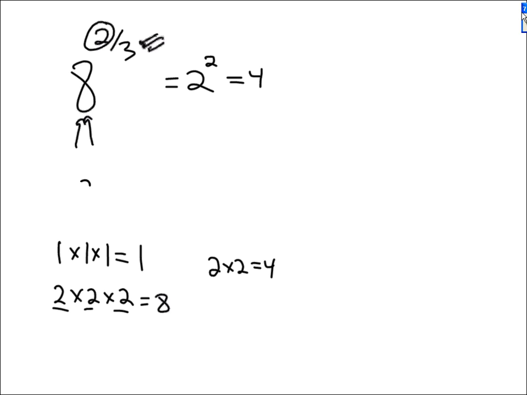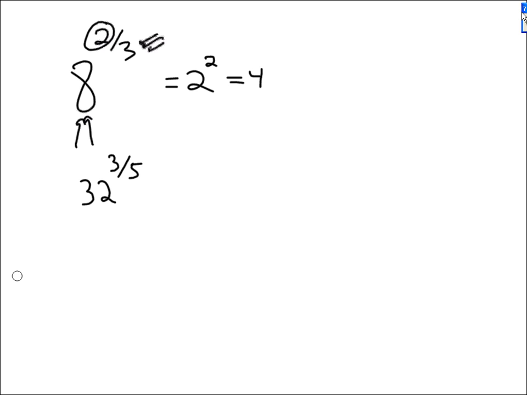Somebody asked you what 32 to the 3/5 power is. Okay, the answer turns out it's going to be 8. But how do we get 8? This is asking a couple of questions. What times itself that number of times gives you that number? Well, it's not 1. 1 times itself 5 times is 1. Try 2.